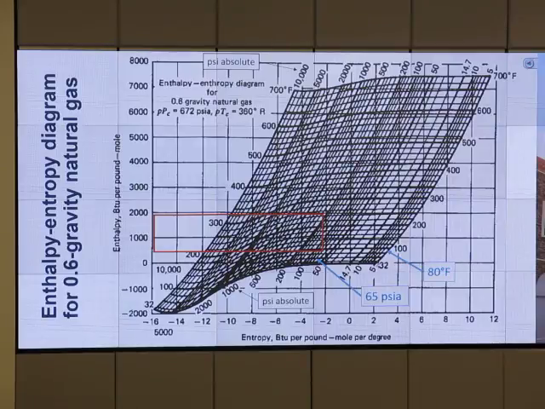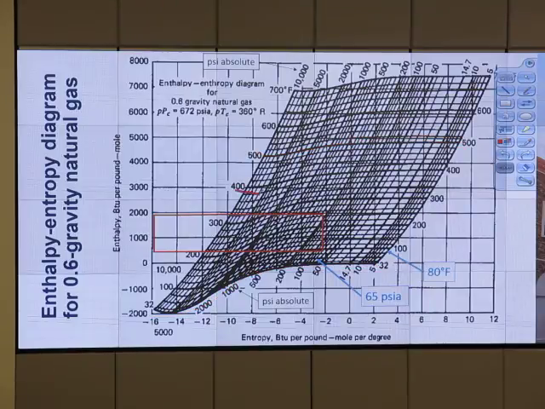That curve is constant 32 Fahrenheit. That line is 500 Fahrenheit. So temperature lines go from left to right, like that, and pressure goes from top to bottom.